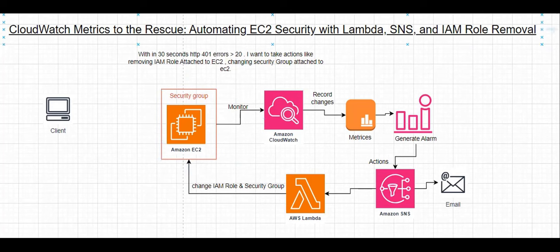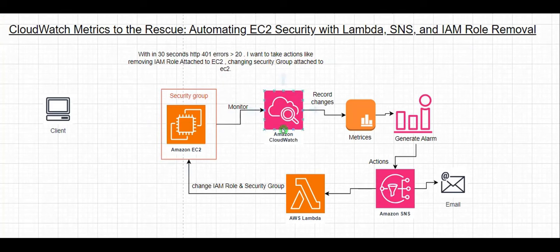So for this, what are we going to do? First, we need to monitor the requests and responses coming to the server, right? Yeah. We need to check the requests that are coming to the server and the responses that are moving out of the server. In order to monitor the changes in our server, we have one more service, that is the CloudWatch service in AWS.